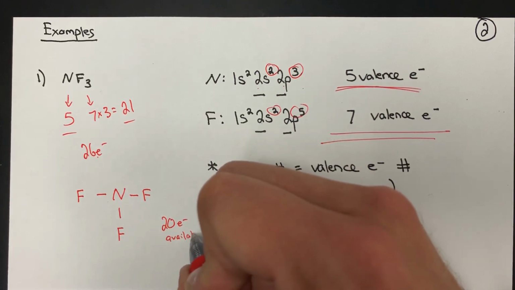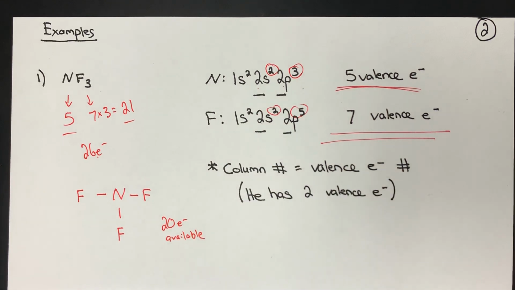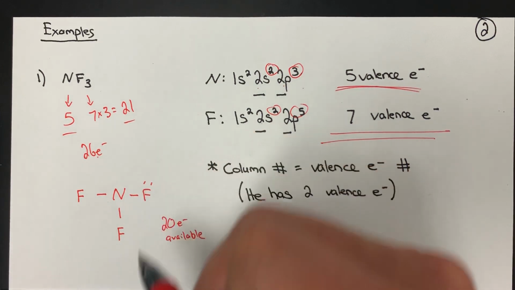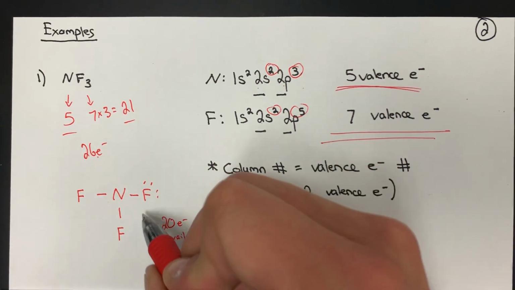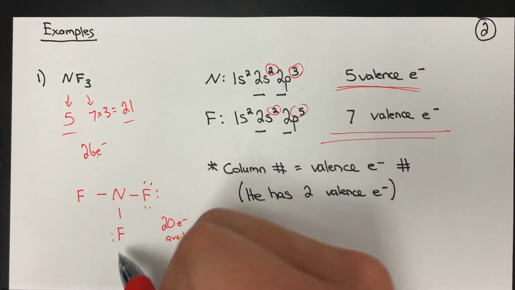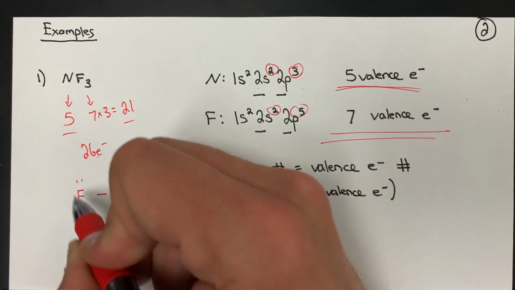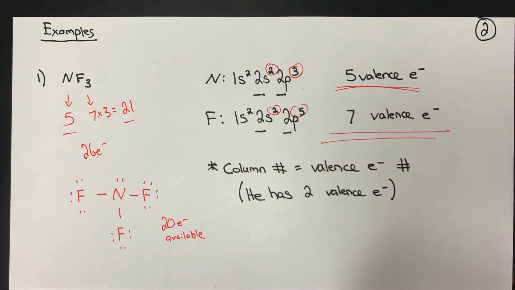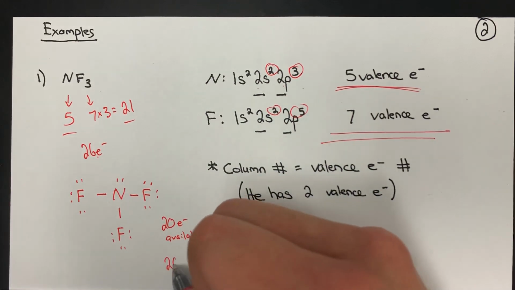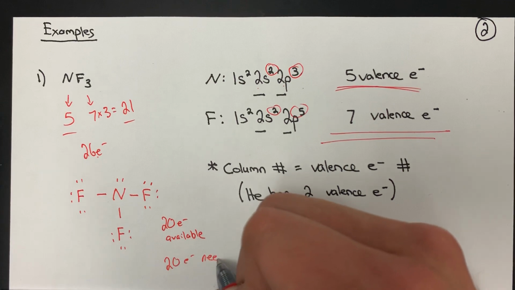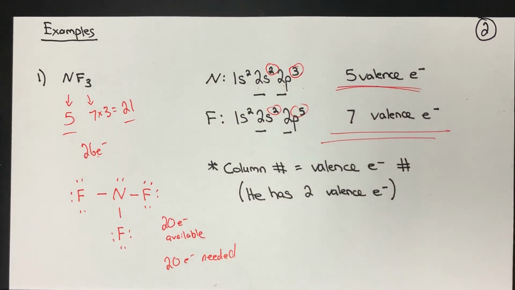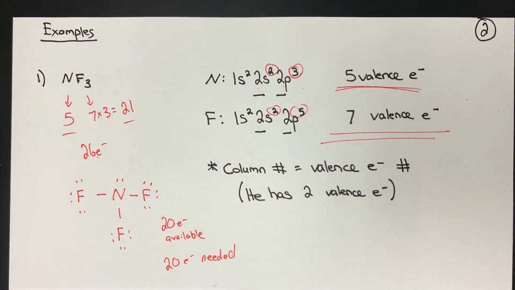okay? That being said, in order to fill an octet, or full valence shell, for the remaining atoms, I'm going to need 1, 2, 3, up to 20. So the 20 electrons needed is equivalent to the number of electrons available. And so I'm in great shape.